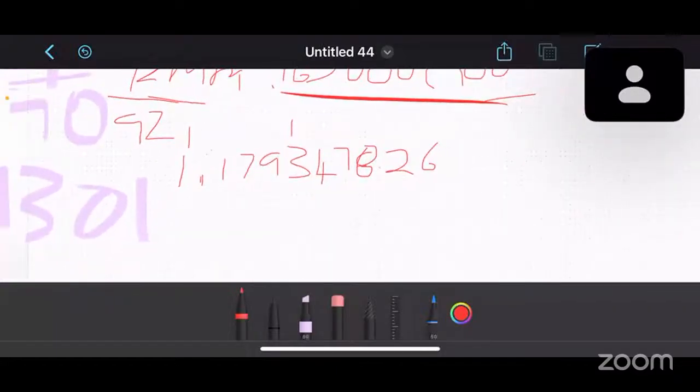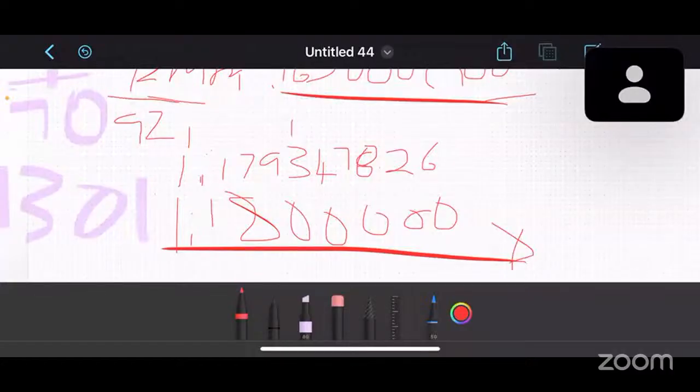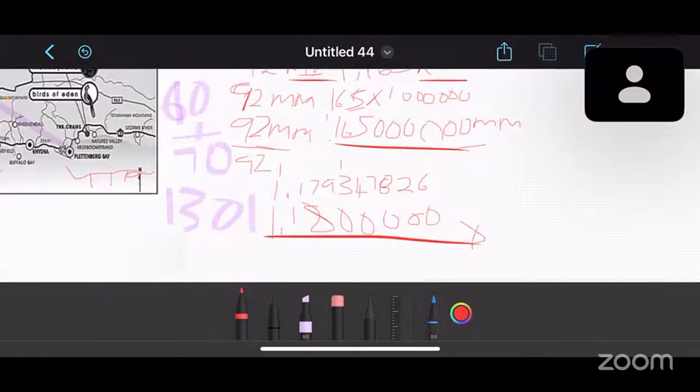Now you need to round it off, because remember, you can't have it like this. You have to have a rounded off number in hundreds, maybe in millions in this case. So it's going to be 1,800,000. Okay, so this is going to be our final answer. Did it make clear sense to everyone?